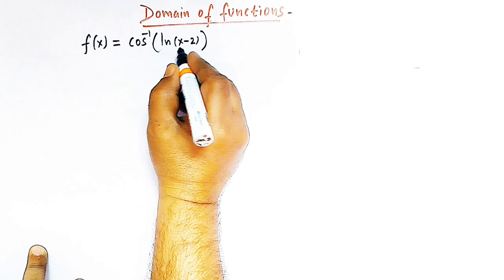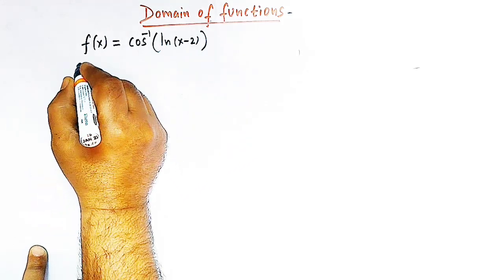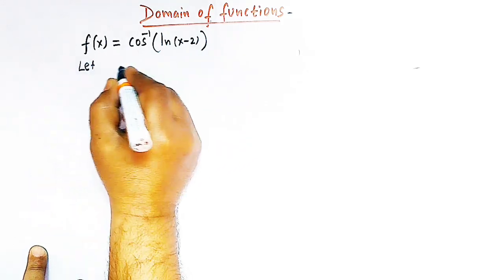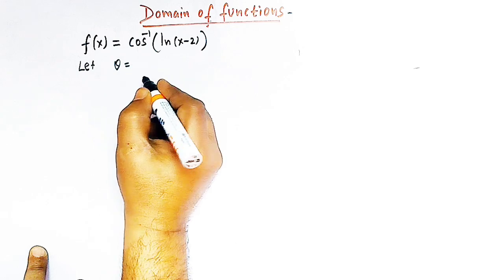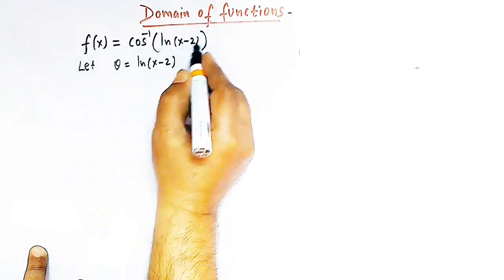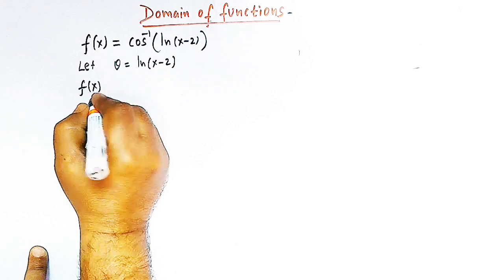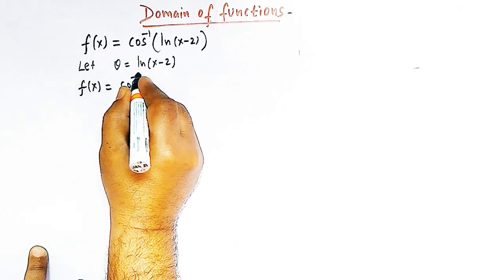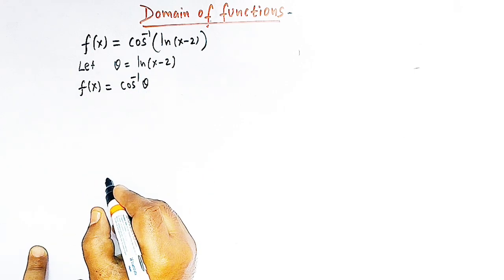So let us take natural log of x minus 2 as theta. So we'll make this assumption, that theta is equal to natural log of x minus 2. So now we can write this function f of x is equal to cos inverse theta, right?